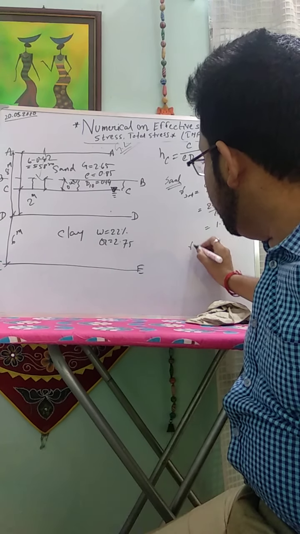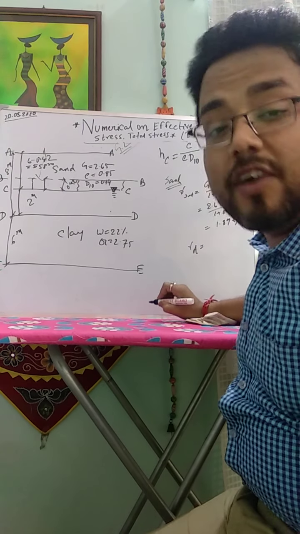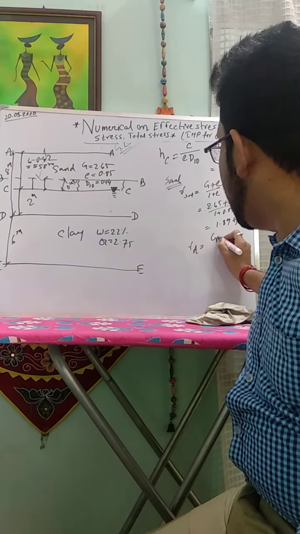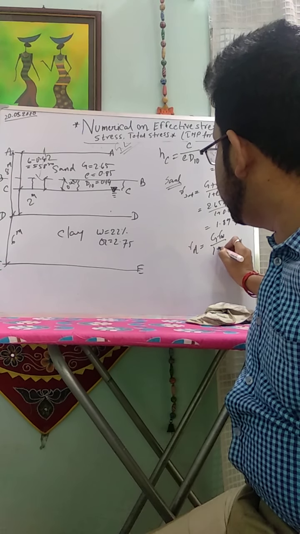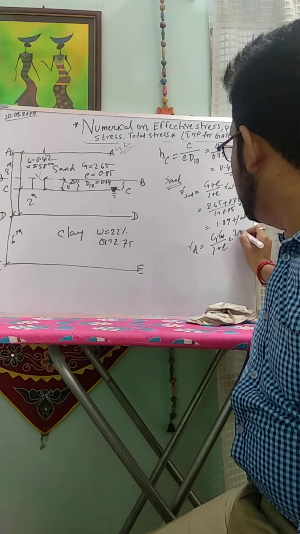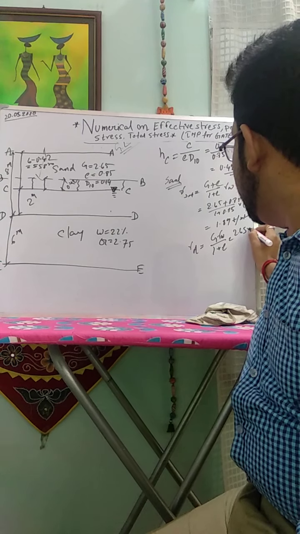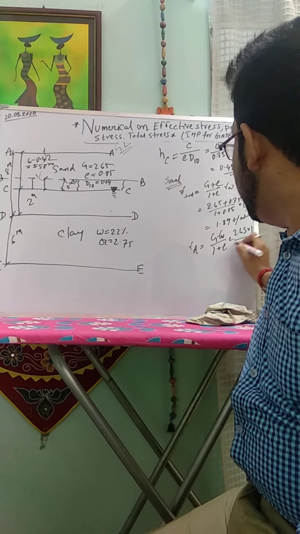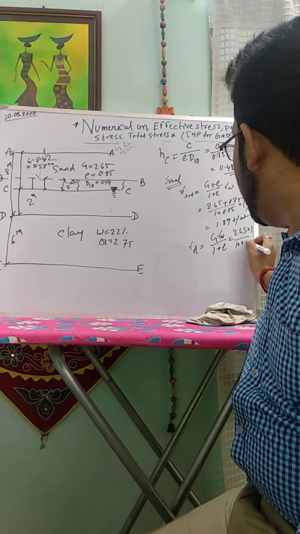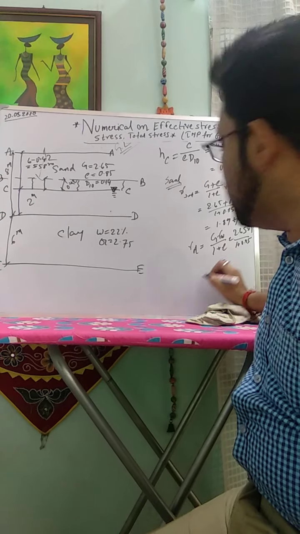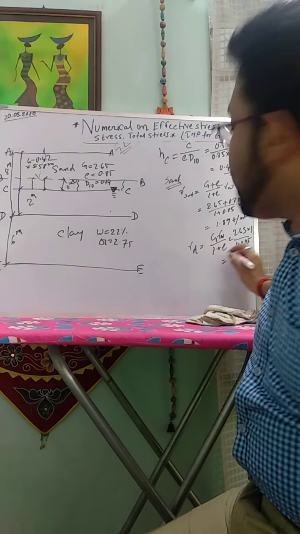And gamma d, the dry unit weight for sand, is G gamma w by (1 plus e), that is 2.65 into 1 by (1 plus 0.85), and the value is 1.43.